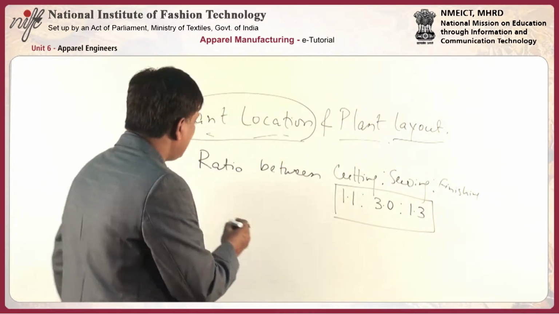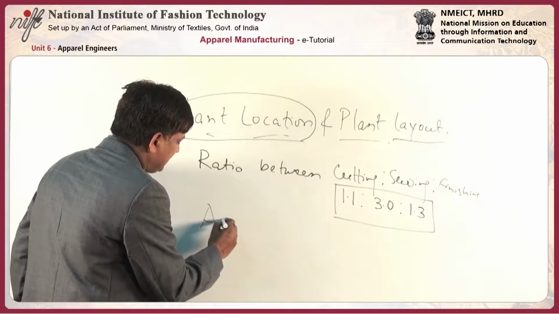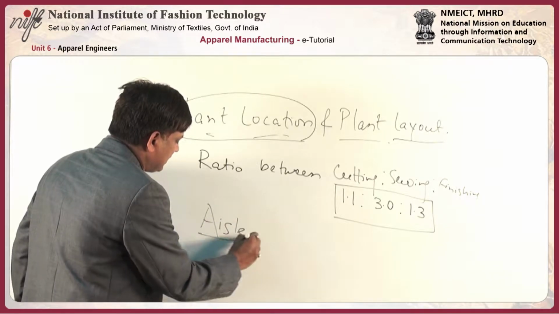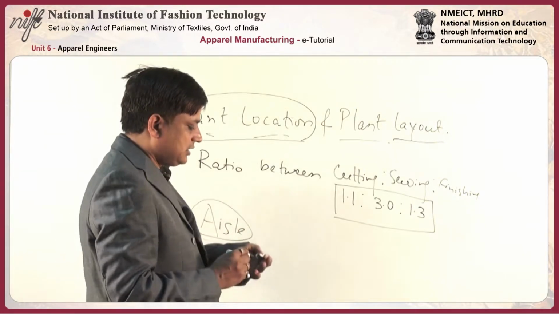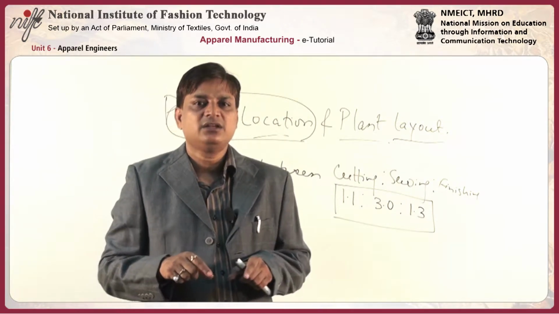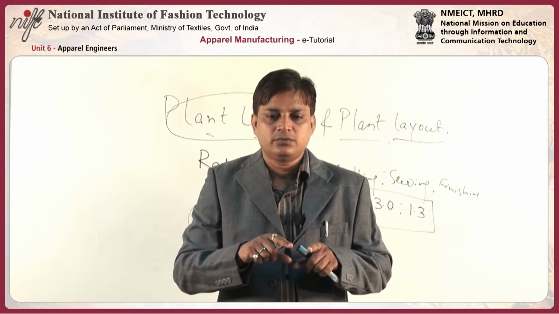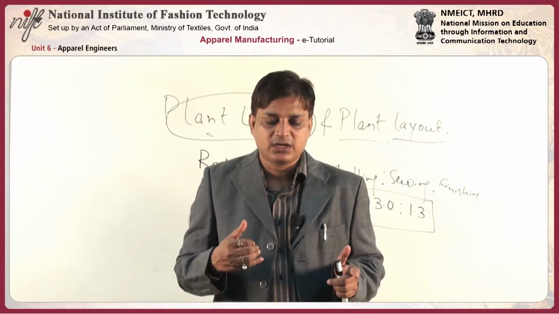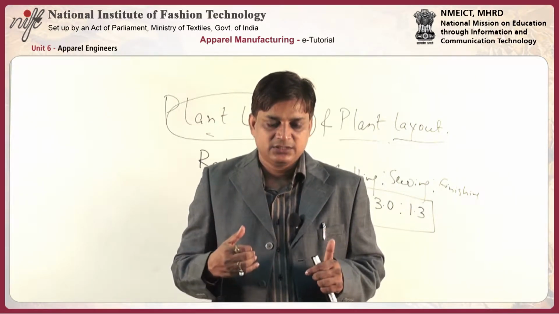Next is the aisle, A-I-S-L-E. The aisle is important because we know the area we require for a man and machine.